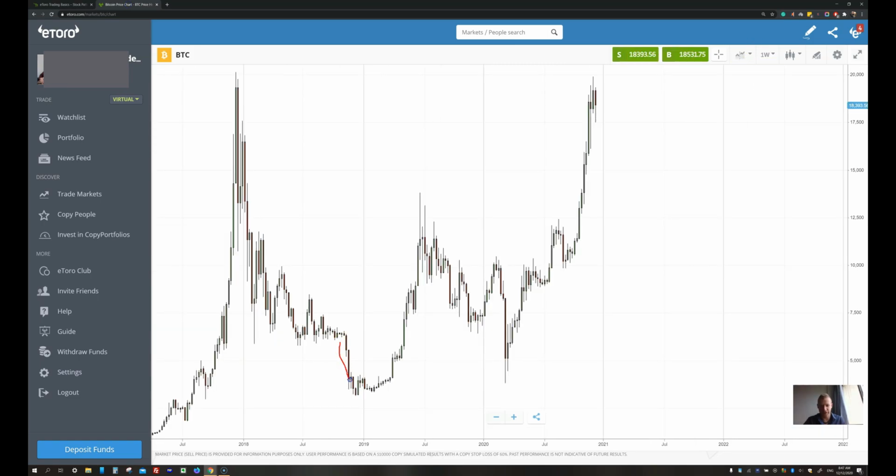So here in Bitcoin we have a very nice rounding bottom. But try to be very creative with spotting these patterns, because as you can see here, this could be a triangle. And if you look here, you can even see a very small bull flag.